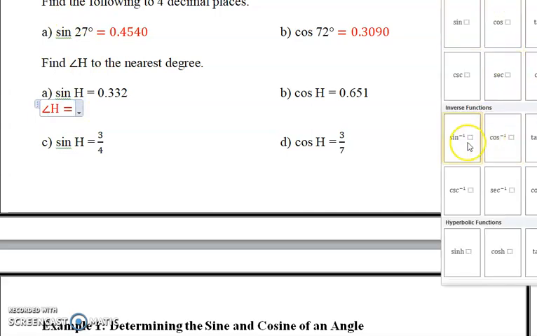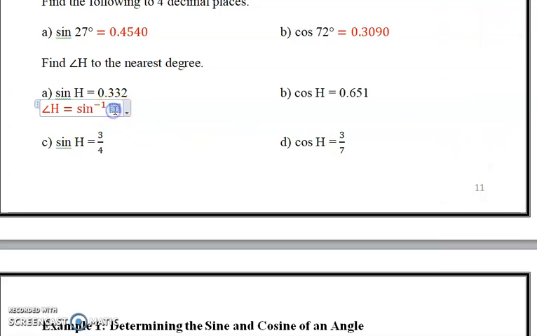So it's sine to the -1, and your calculator will open up a bracket, 0.332, close your bracket. And it says to the nearest degree.